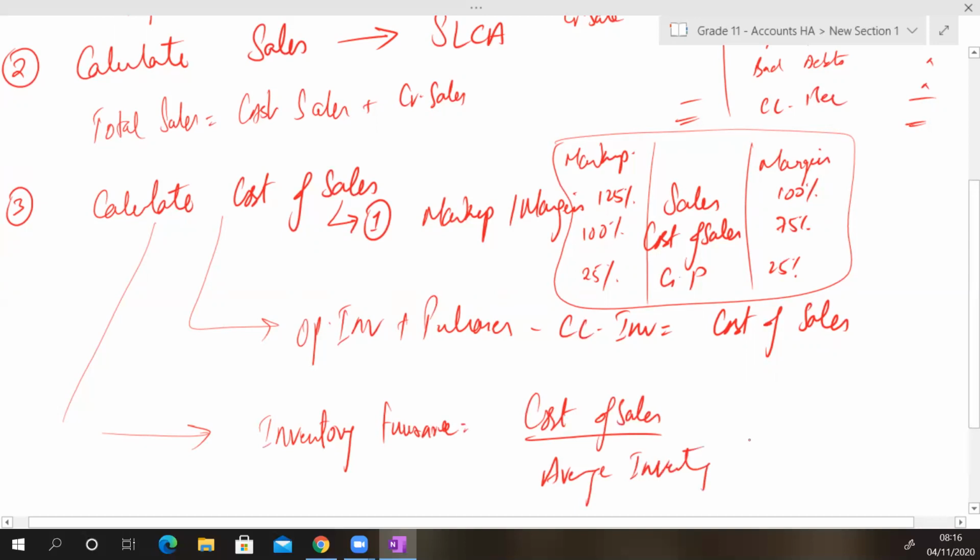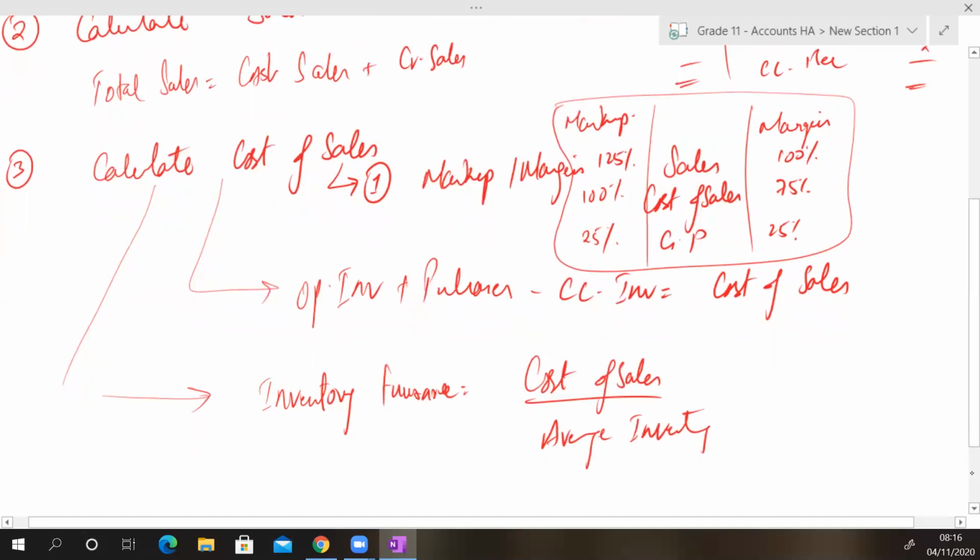Okay, it can come in these ways too. So there are multiple ways of calculating cost of sales. In the question there is information given, you just have to channelize it to an extent, calculate this, and then prepare a statement of financial position.